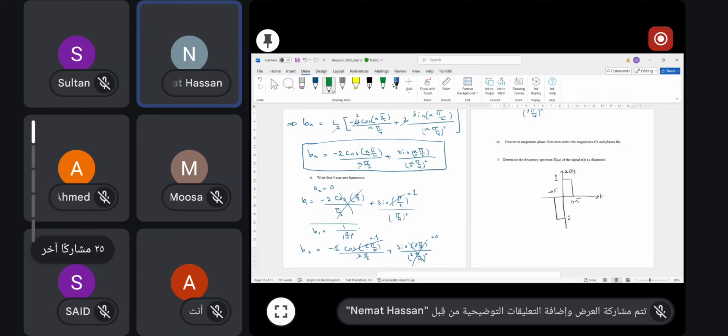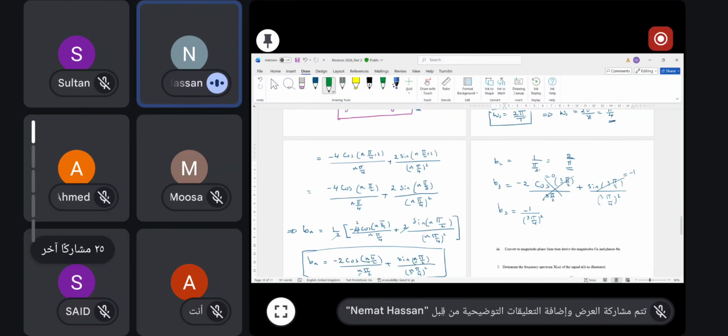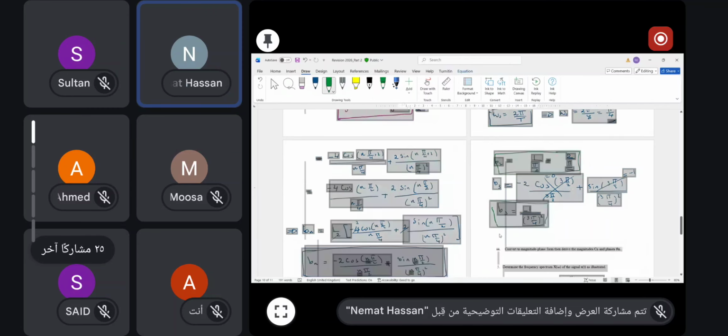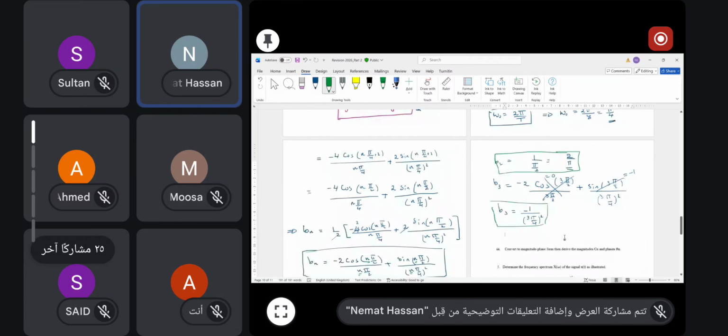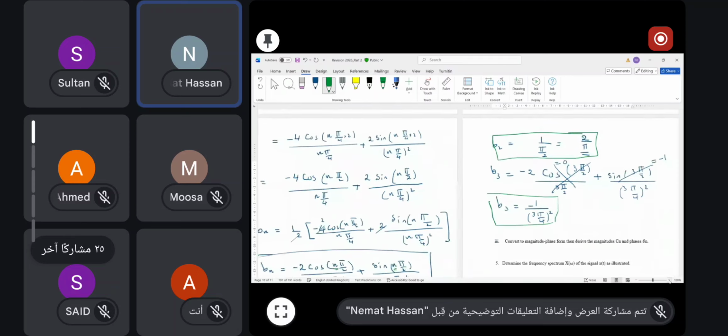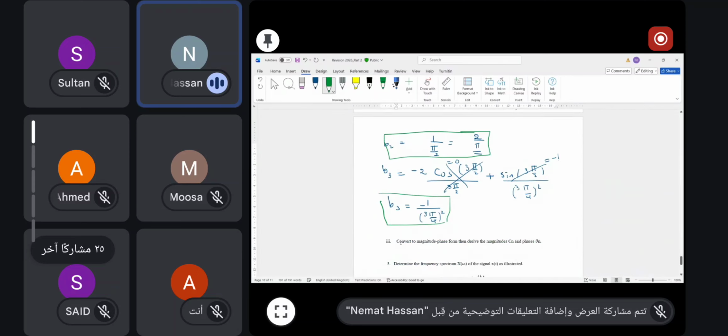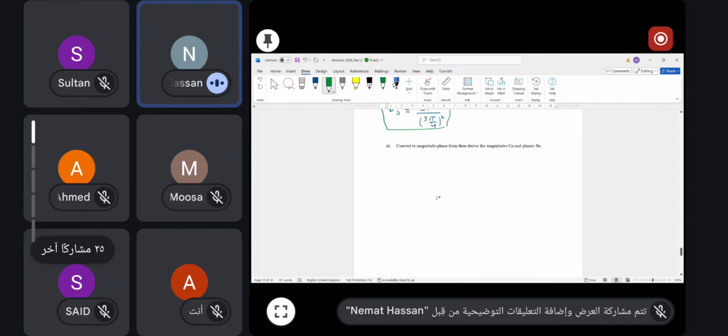B1, B2, and B3. Okay? Can you find the magnitude and phase from these to find C of n and theta of n?